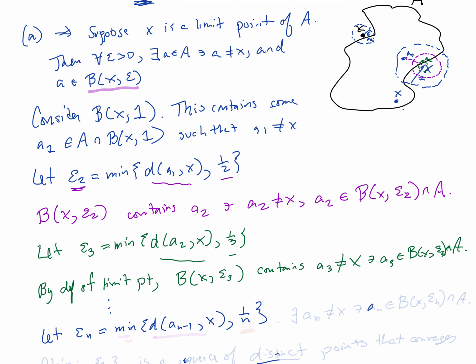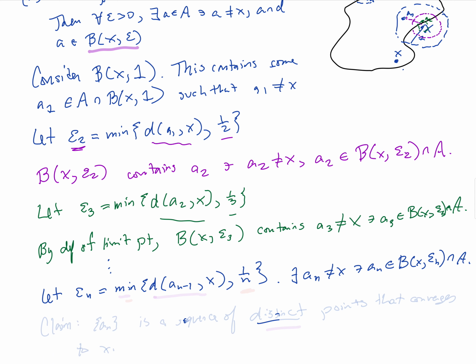And again, by definition of limit point, there exists an A sub n not equal to X such that A sub n is in the ball centered at X of radius epsilon sub n, and it's in A. So now my claim is that A sub n is a sequence and it converges to X.